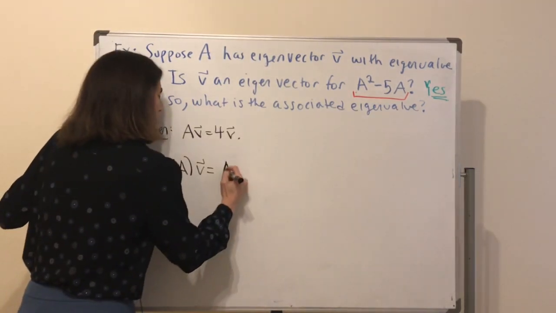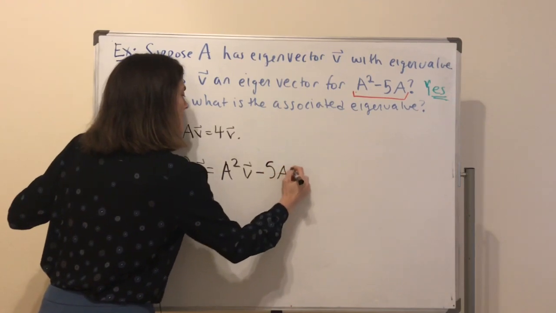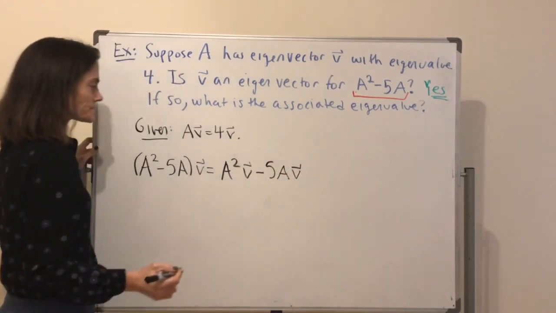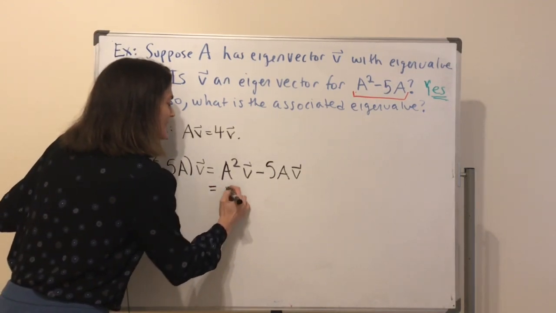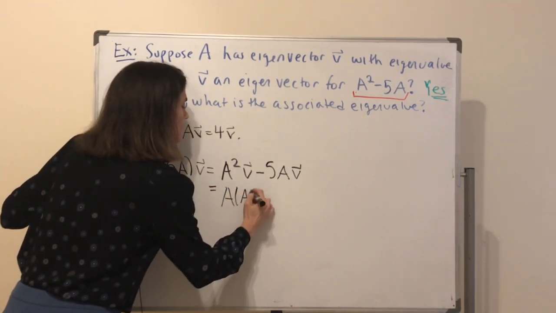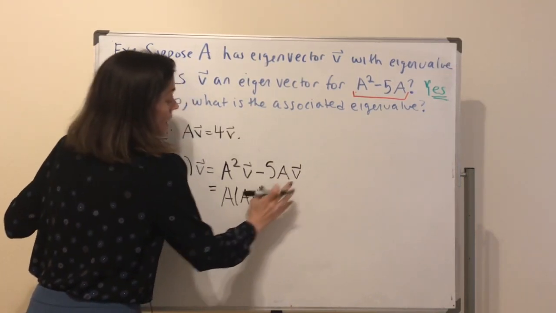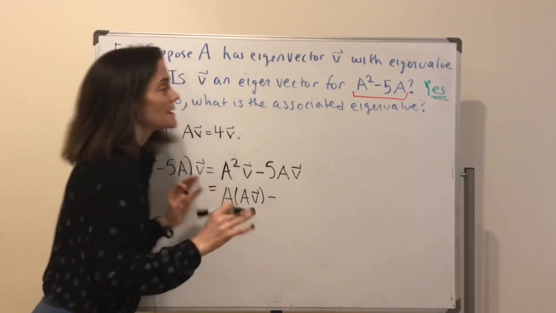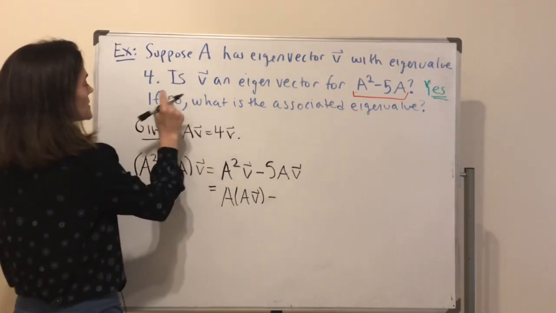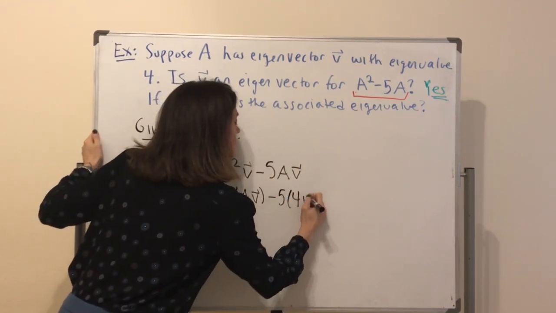This is A squared V minus 5AV. Well, this is A times AV minus, okay, maybe I'll go ahead and do this one because I don't need to simplify again. A times V is 4 times V. So this one is 5 times 4V.